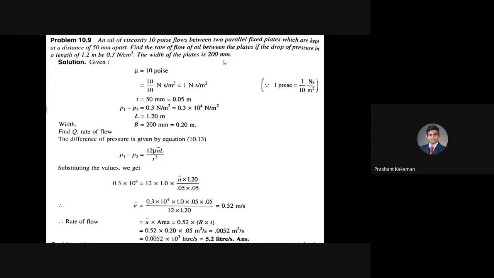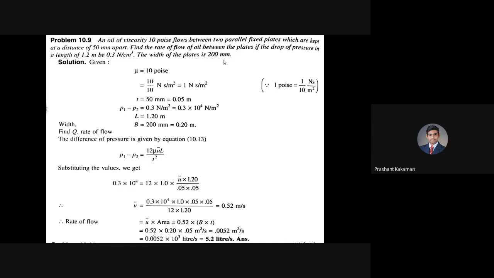Width of the plates, or width of this channel, you can imagine a channel with floor and top roof of fixed metal plates parallel to each other. That distance is 50 mm apart, and the horizontal distance, the width of this flow channel, is 200 mm. One more dimension is given, the length of the flow, which is mentioned in the problem.